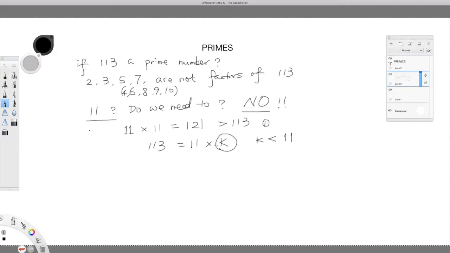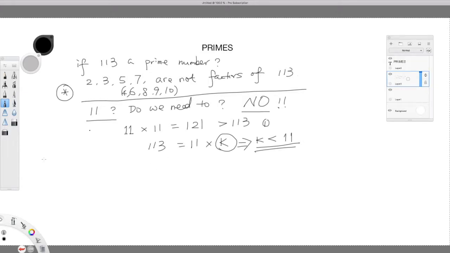Because we know that 11 times 11 is bigger than 113. So if 113 equals 11 times k, this k has to be less than 11. But for anything less than 11, we know from here, there's no number from 2 to 10 that is a factor of 113. So this k does not exist, correct? So 11 cannot be a factor of 113, or anything bigger than 11 by the same argument.